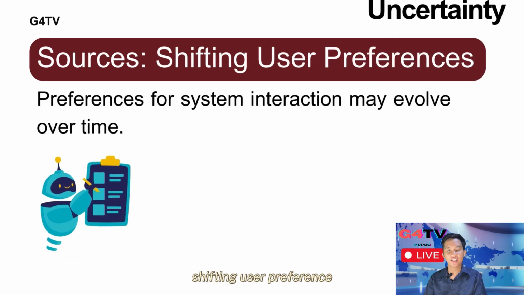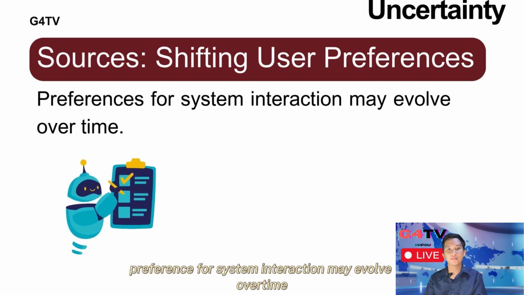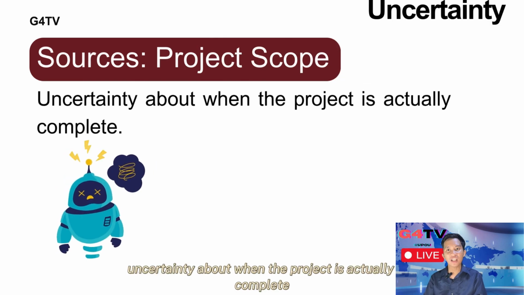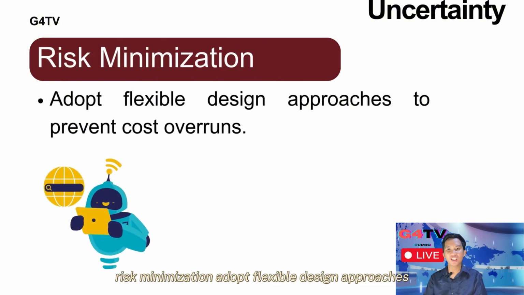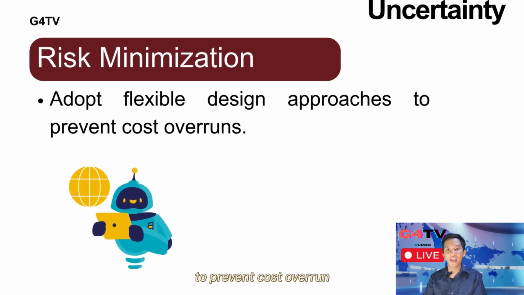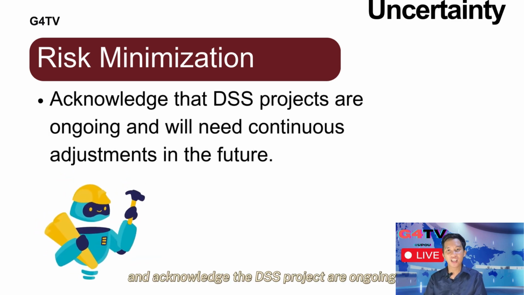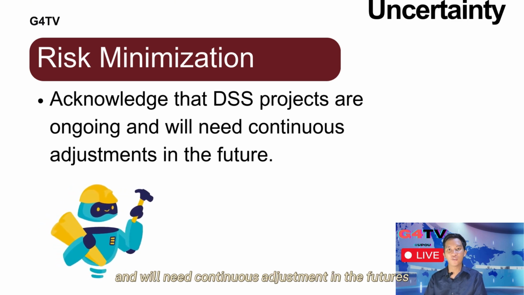Shifting user preference. Preference for system interaction may evolve over time. Project scope. Uncertainty about when the project is actually complete. Risk optimization. Adopt flexible design approaches to prevent cost overrun, and acknowledge that DSS projects are ongoing and will need continuous adjustment in the future.